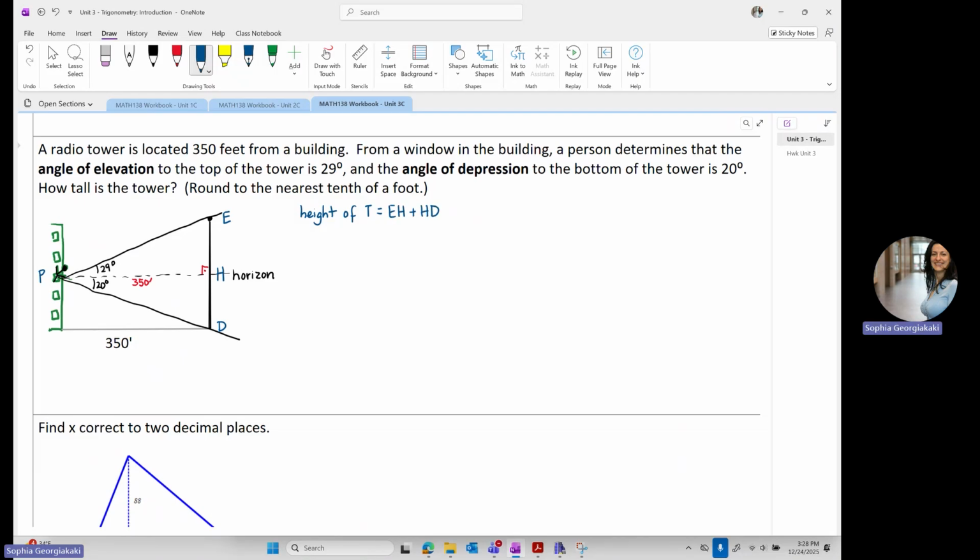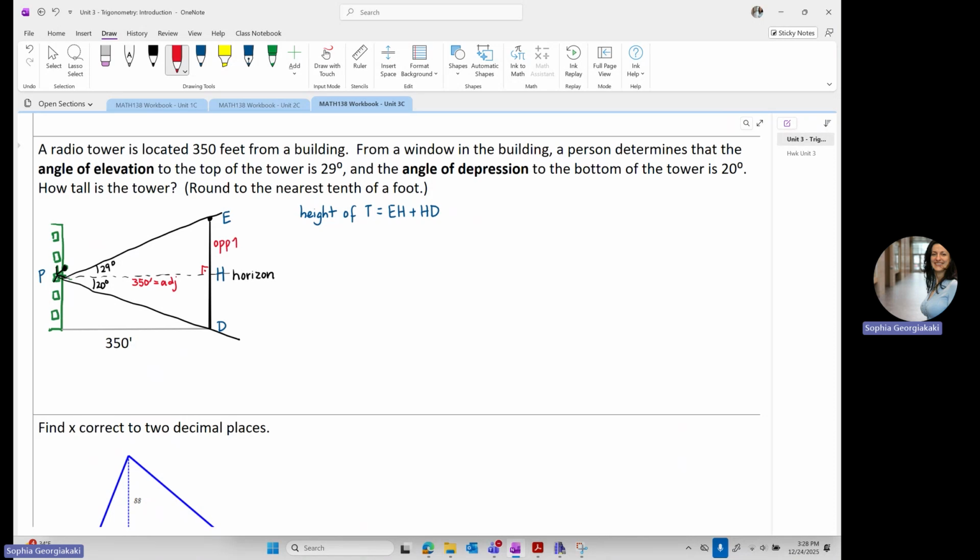And the reason I want to use those pieces is because they are legs of right triangles, and I can use right triangle trigonometry. So for both the angles 29 and 20, the 350 feet is the adjacent, and the two pieces of the tower are the opposite.